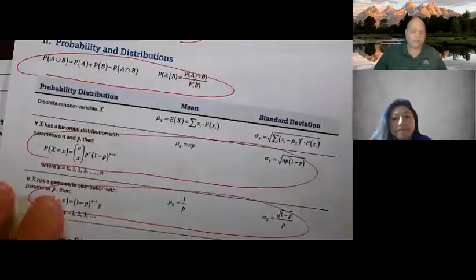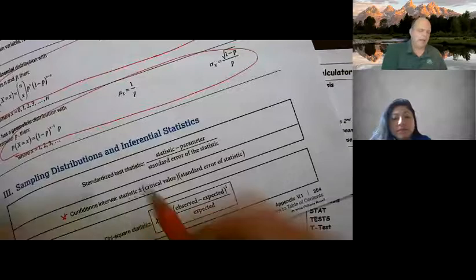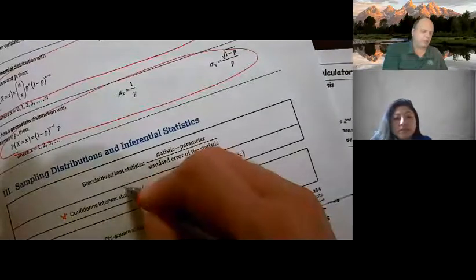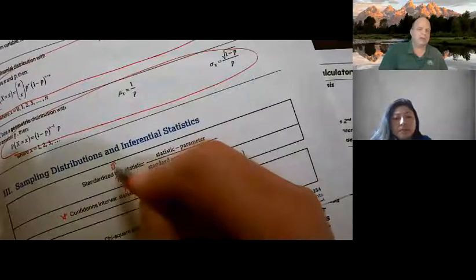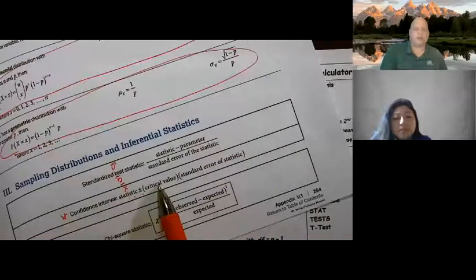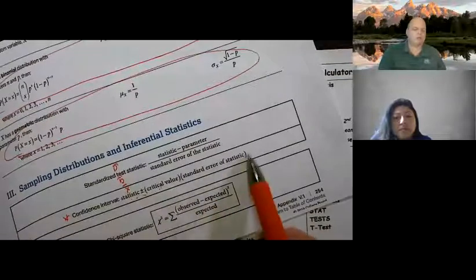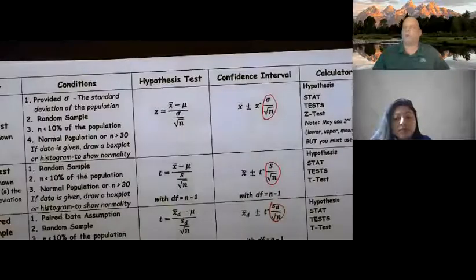Personally, I like to memorize them, but if that's not your strength, then remember this little line right here tells you, hey, this is either going to be x bar, b hat, p hat, or x bar 1 minus x bar 2, p hat 1 minus p hat 2. And this will either be a z star or t star, and this will be one of those standard errors. Please remember, with regression, they're already divided out.